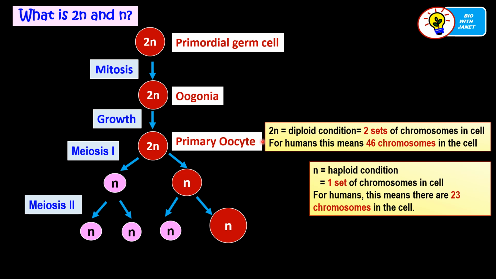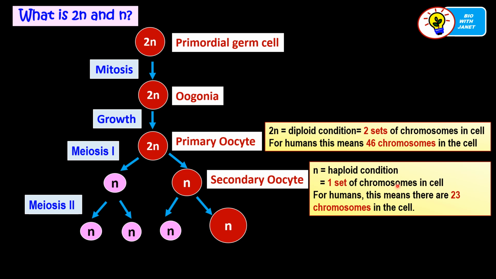Okay, so primordial germ cells, oogonia, and primary oocytes all are diploid cells with 46 chromosomes in them, in the human body. Now, how about the secondary oocyte? Secondary oocyte is produced after meiosis 1 and it is a haploid cell. So haploid cell means that there's only one set of chromosomes in the cell, all right?